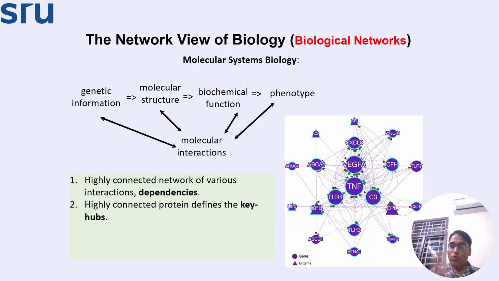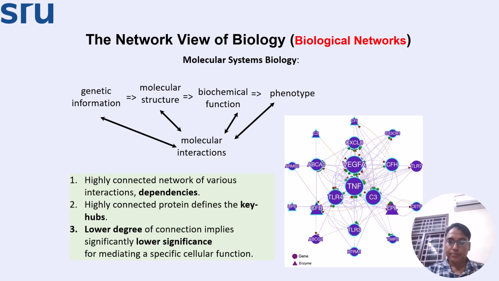Likewise, some key protein defines the entire connected system of all the proteins. All the proteins are majorly governed by the regulation of that key protein, which is termed as the hub protein. A lower degree of connection implies that a certain protein may not be very essential in different conditions, but it may be essential in some other conditions.